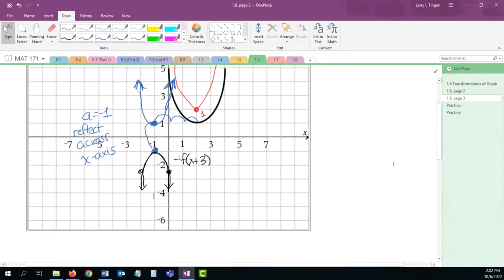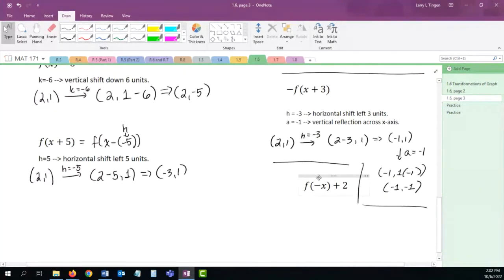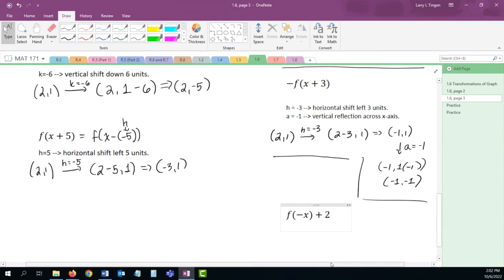Good. Okay. So last one, f of -x plus 2. This takes care of all the variables. There's some rules. Yes, we're going to have a lot more manipulation in there. On the inside, we haven't seen this yet. I've flipped the sign on the inside.